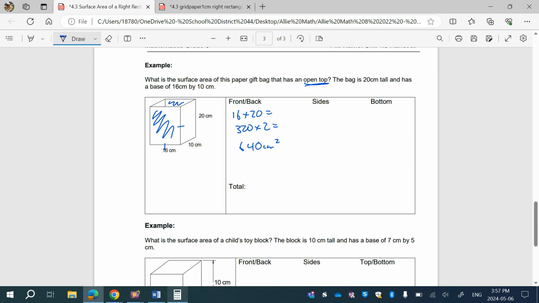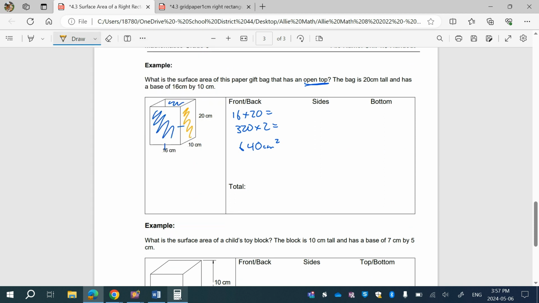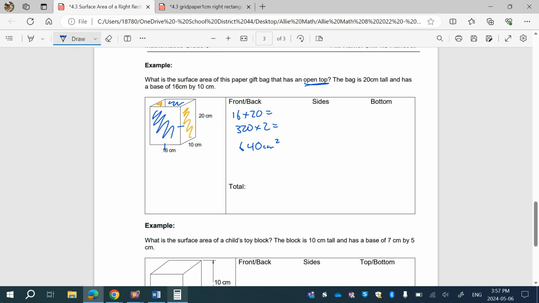Now we got the sides, so it looks like this one here and that one over there. So it looks like we've got 10 times 20, which equals 200. And we got 2 sides, we're going to times that by 2, and we get 400 centimeters squared.